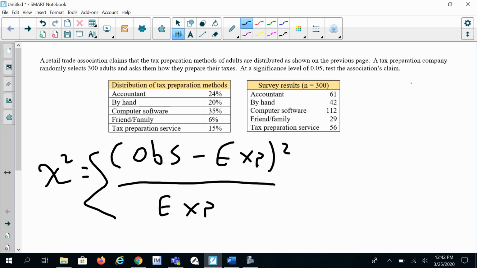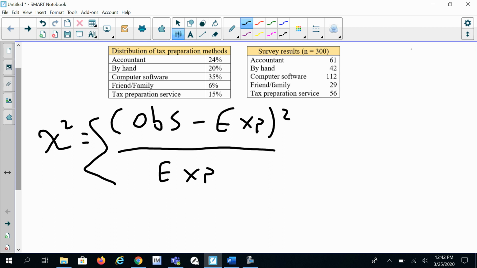So for each of our categories, the accountant, by hand, computer software, and so on, we'll have a little fraction, and then we add all of those fractions together to get the chi-square. For this first problem, I am going to write out every single fraction, but in the future, I will just write out the first and the last, because at that point, you should be seeing the pattern.